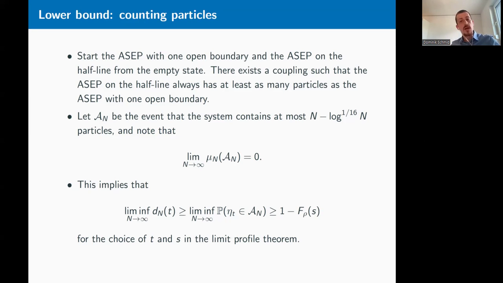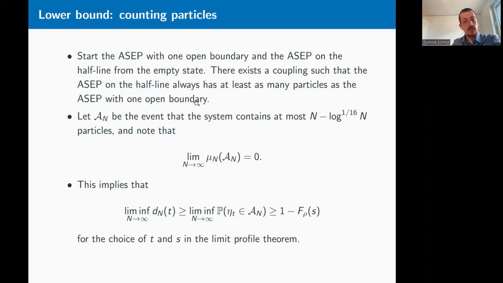This coupling goes like this: you pick the same particle whenever possible, and there might be a case where your last particle gets stuck in the finite segment, but then your half-space RCEP just has more space to let this particle move. That's in a nutshell something we can achieve.